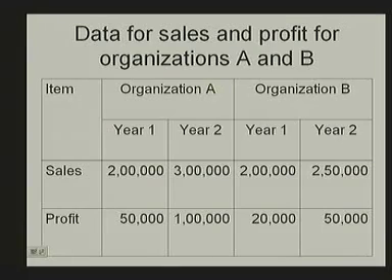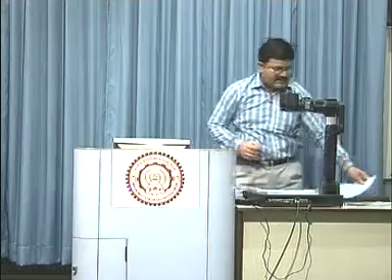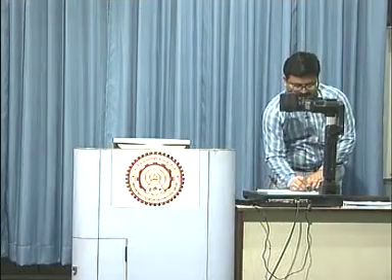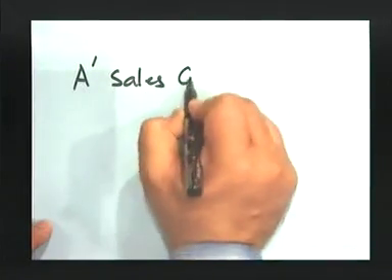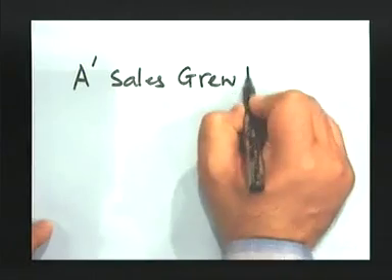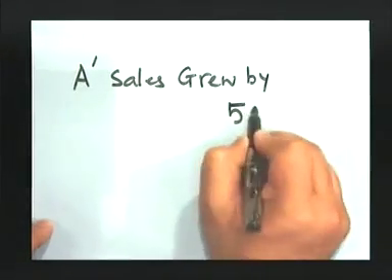It grew by 50%, because there has been an increase of 100,000 from year 1. That means, from 200,000 it went to 300,000. So, company A's sales grew by 50%.